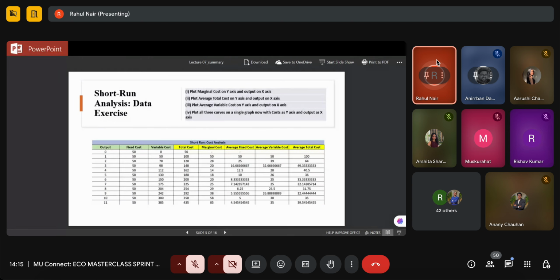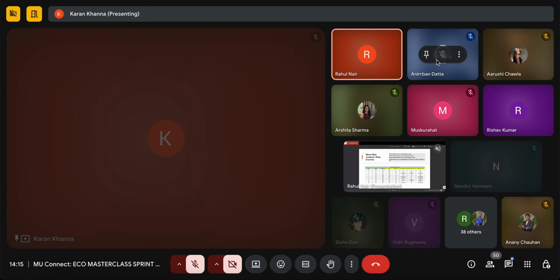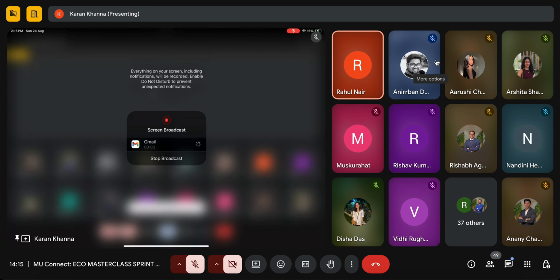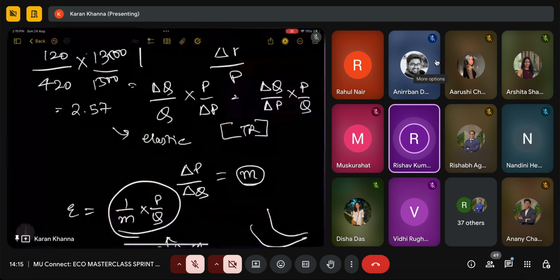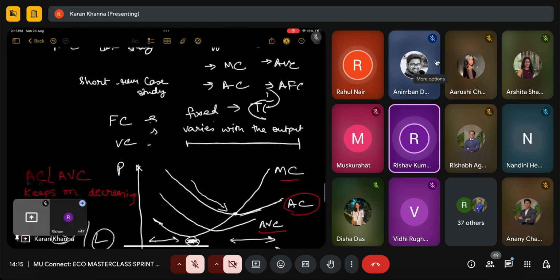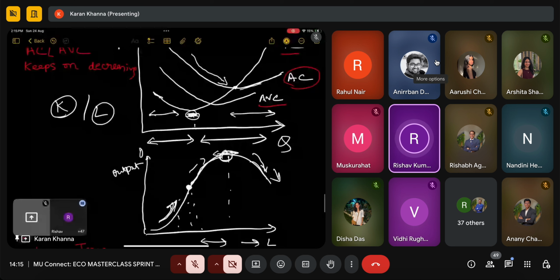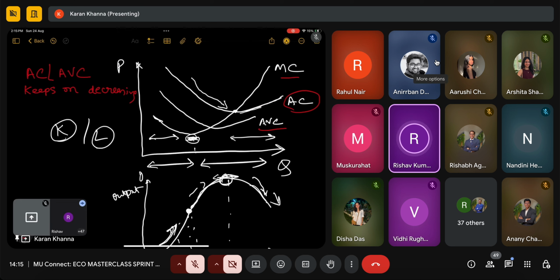That is why I'm going to show how marginal revenue works. So in the sheet you were sharing, the only thing that mattered was that when MC and ATC are close, after that ATC will increase. Is there anything else to it? There's nothing else to it. This is the only thing.